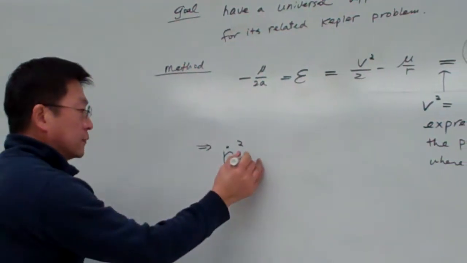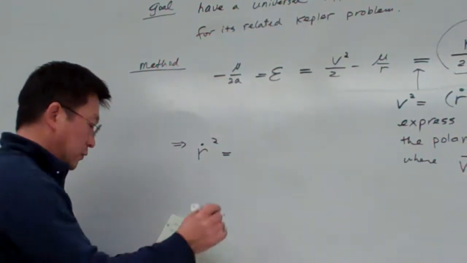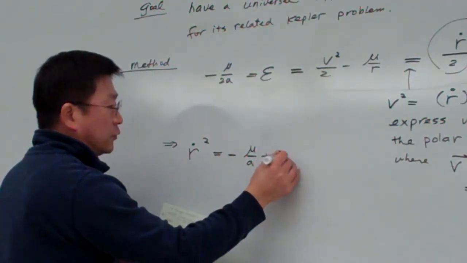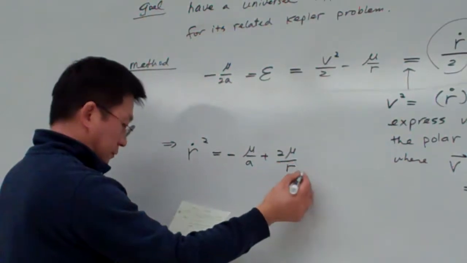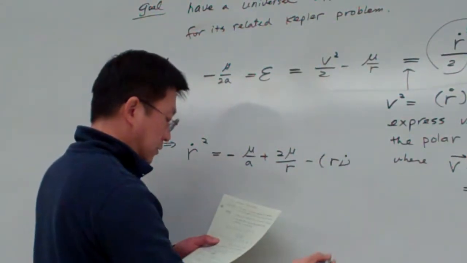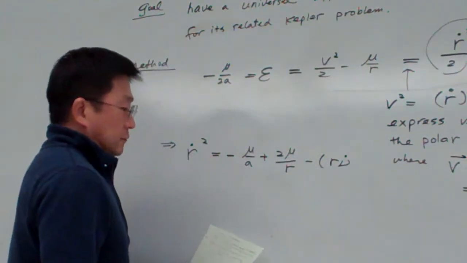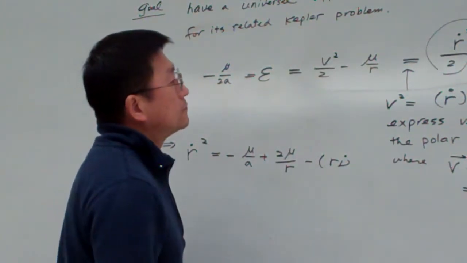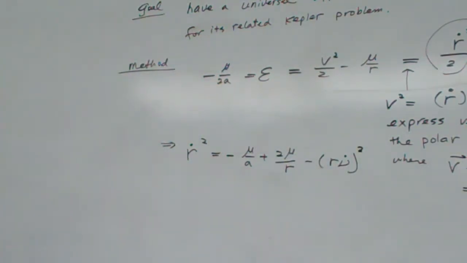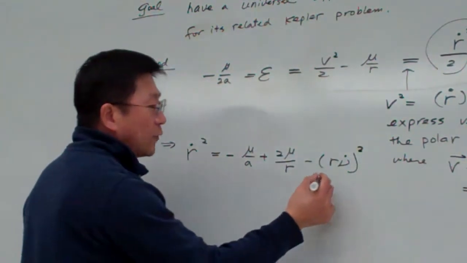So that one is simply equal to minus mu over a plus 2 mu over r, minus r squared nu dot squared.